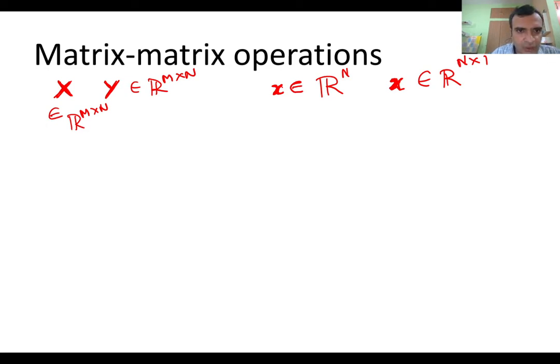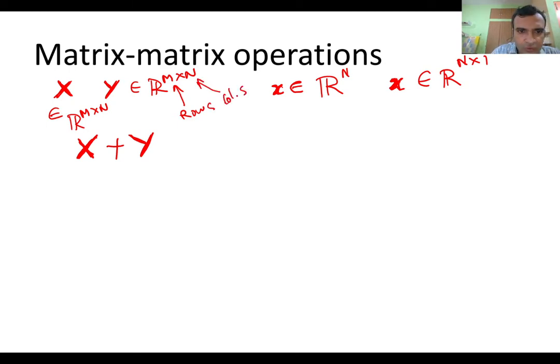Now there are operations in matrix computation analogous to what we saw for vectors. For example, we can have matrix addition. We can do X plus Y, provided both have the same dimensions, the same number of rows and the same number of columns. The convention is that you first note the rows and then the columns.